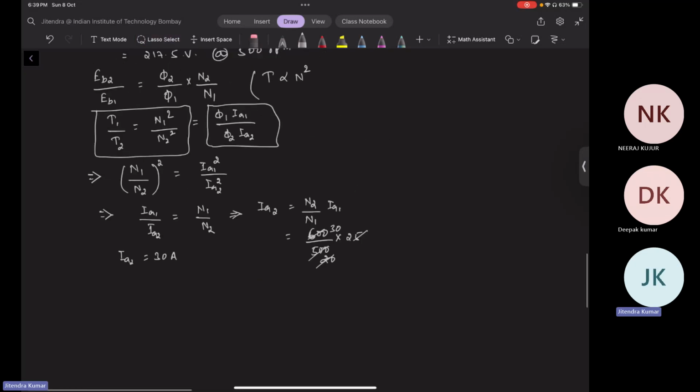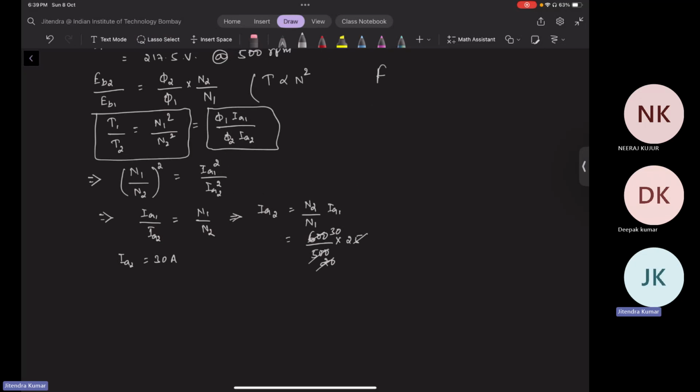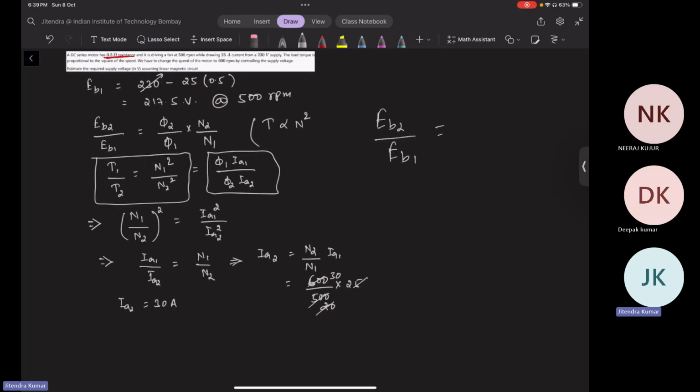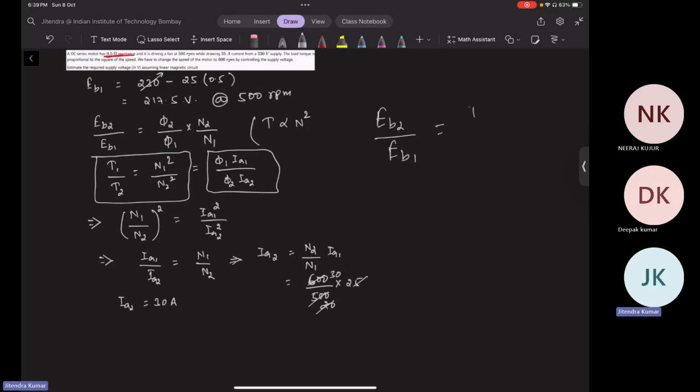Another approach is EB2 by EB1, right? So EB2 by EB1 is nothing but, here we did IA2 by IA1, we can write into N2 by N1.